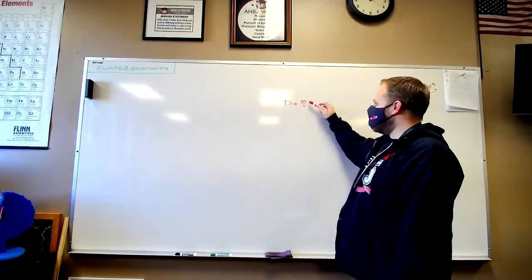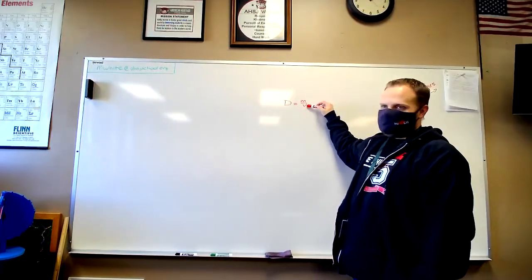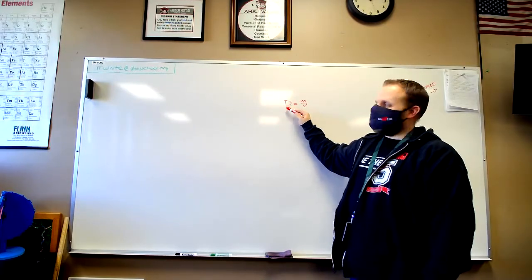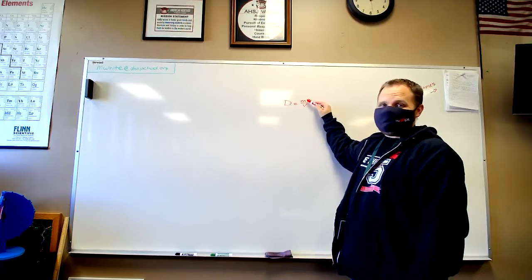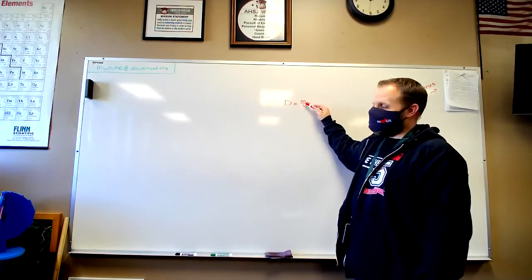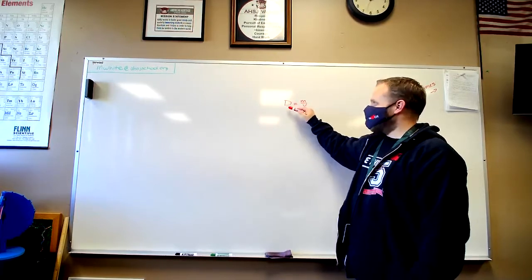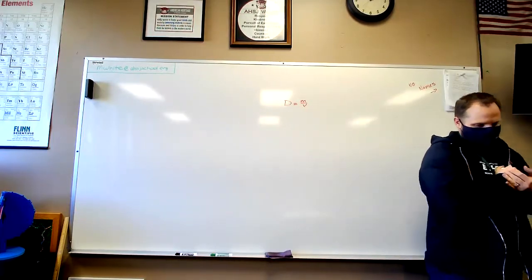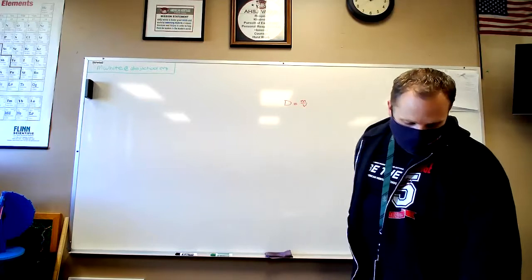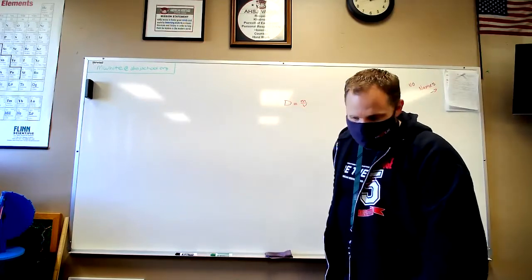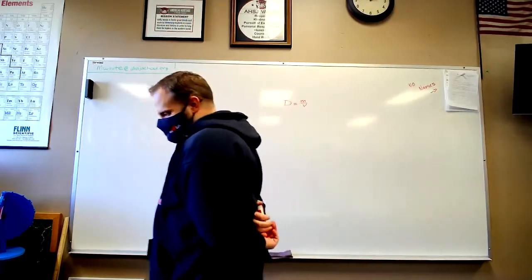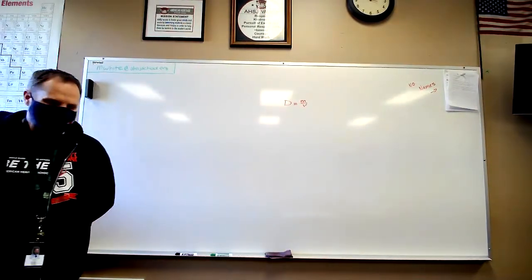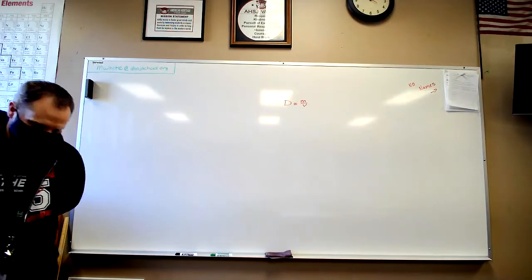You have 4 divided by 2, that gives you 2. But if we raise the mass, let's say to 6, but keep the volume at 2, that changes to 3. It increases the density. So liquids and solids are much more dense.